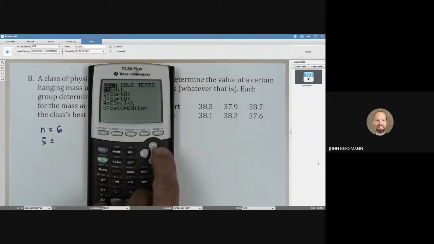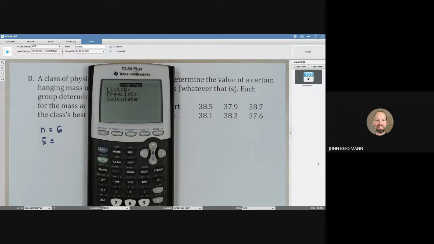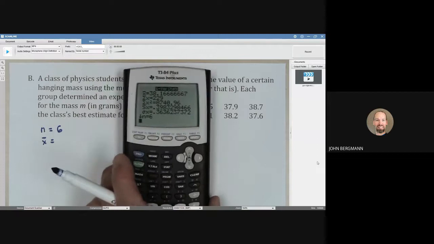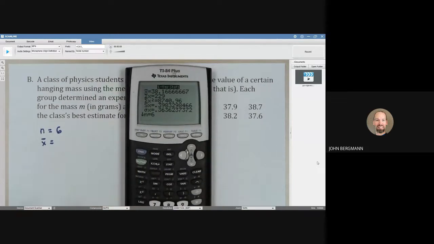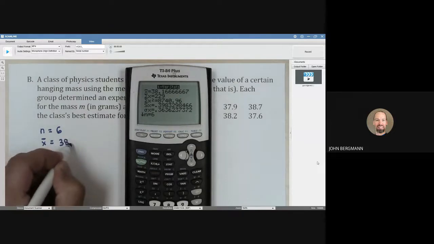Now we need to go back into the stat menu, and we're going to calculate. So we need to toggle over to the middle one, and we're at one variable statistics. I'm going to hit enter a couple more times. And what this tells us is that the mean is 38.16.